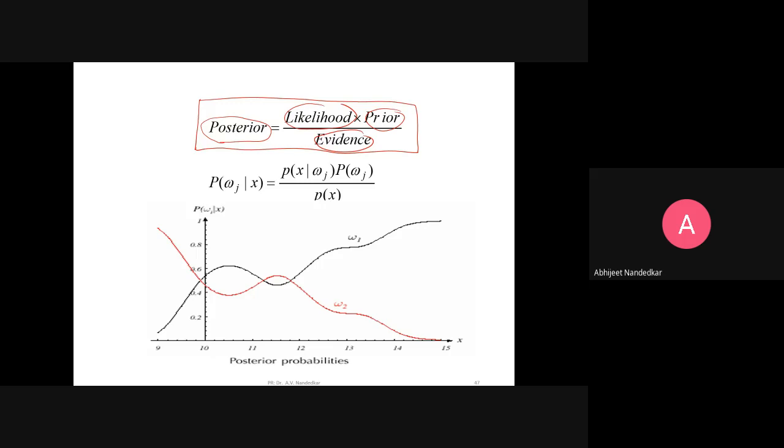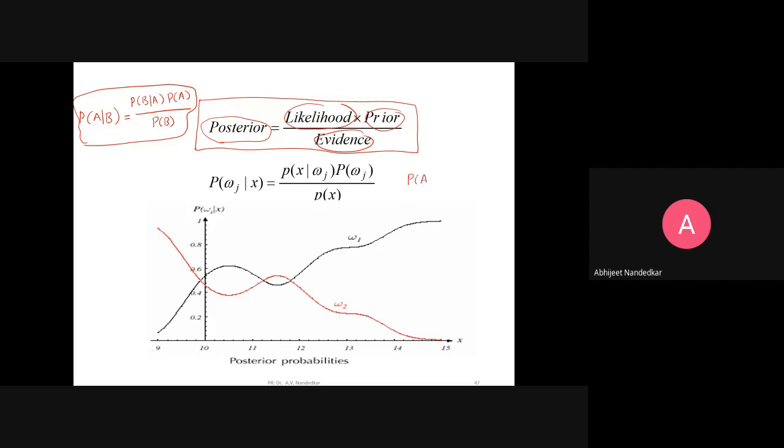Now you must be aware of this equation maybe from 12th. See, if I say probability of A given B, so this is conditional probability. Probability of A given B is equal to probability of B given A into probability of A divided by probability of B. I hope you know this formula. The derivation is very simple. You can derive it easily from the joint probability of A and B. If you want, I can just do that.